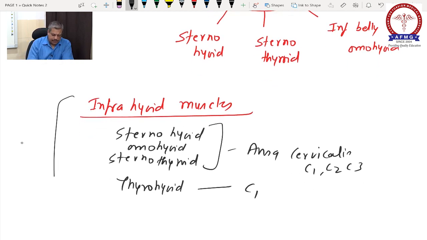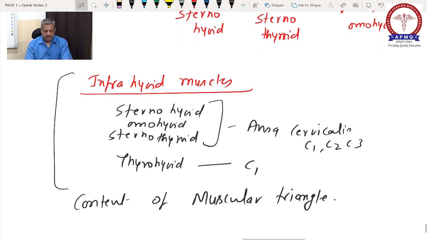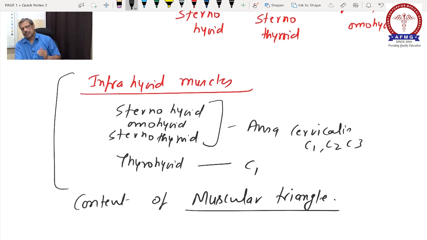And these infrahyoid muscles are the content of the muscular triangle, triangle number 4. Clear? Muscular triangle is known as muscular because it contains the infrahyoid muscles, or the strap muscles of the neck. Clear?